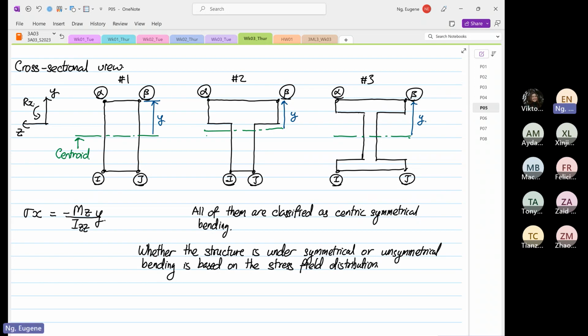It is based on your stress field, not based on the force, not based on the longitudinal dimension, but on the stress field.